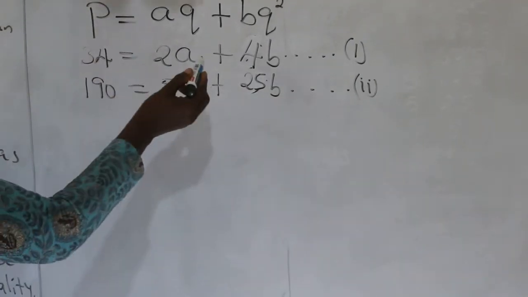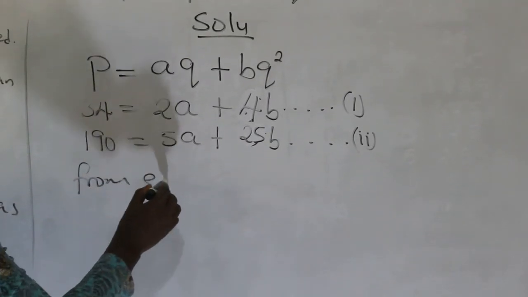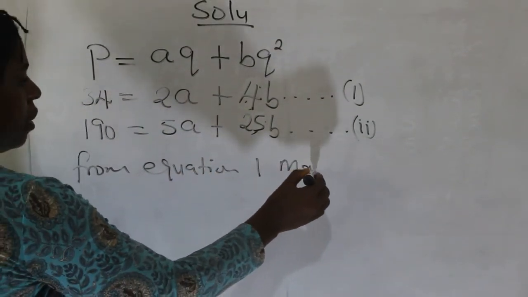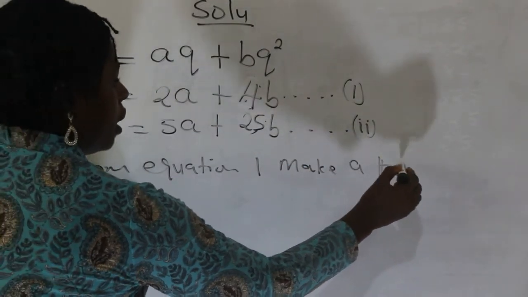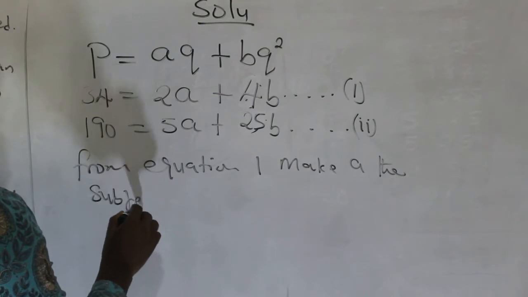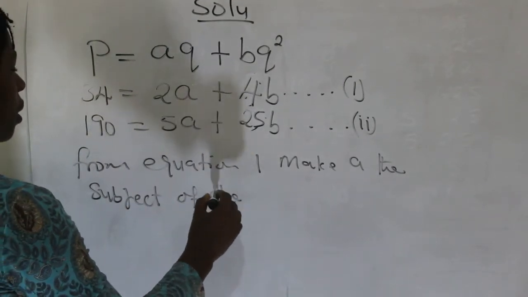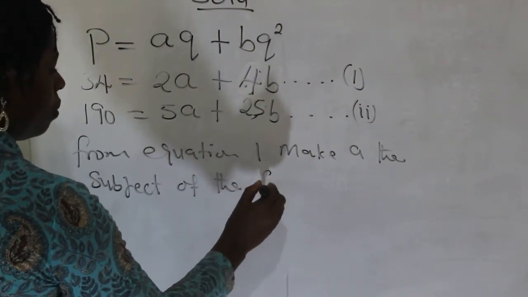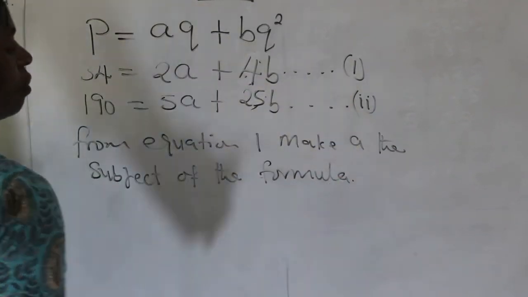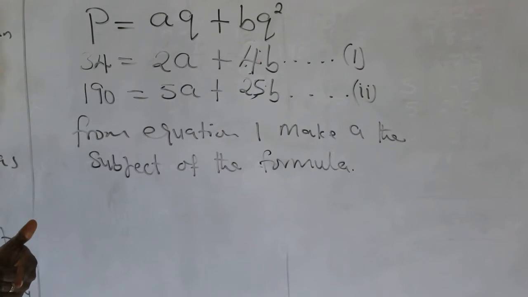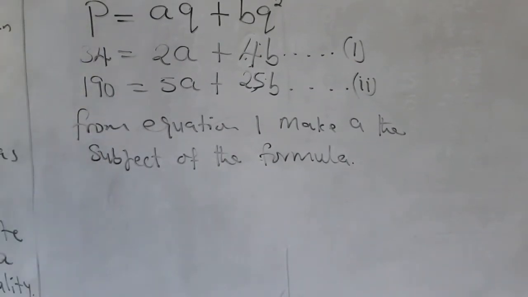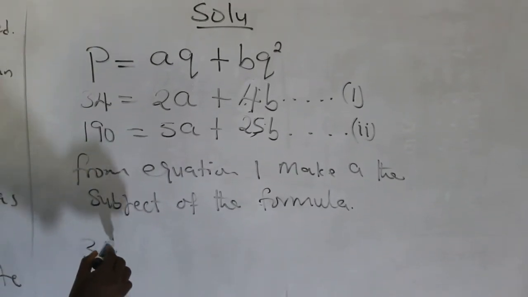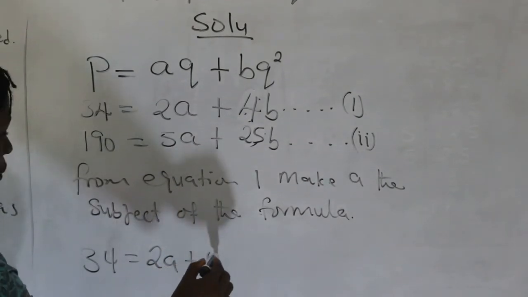So from equation 1, let's make A the subject of the equation or formula. So this way it will also help you to recall your change of subject formula. So let's make A here. So we have 34 is equal to 2A plus 4B.